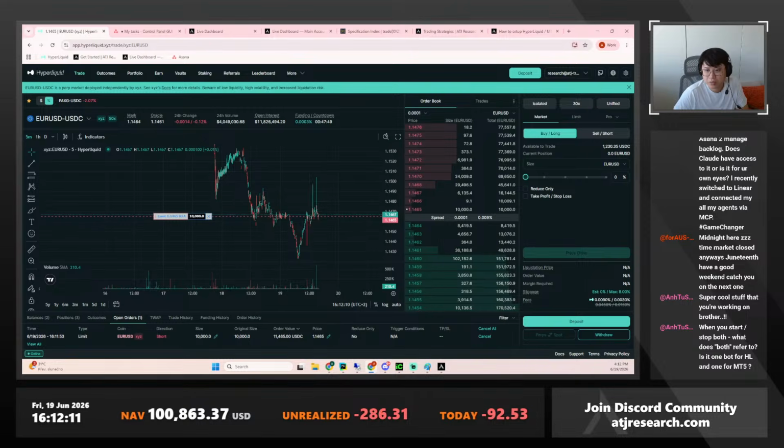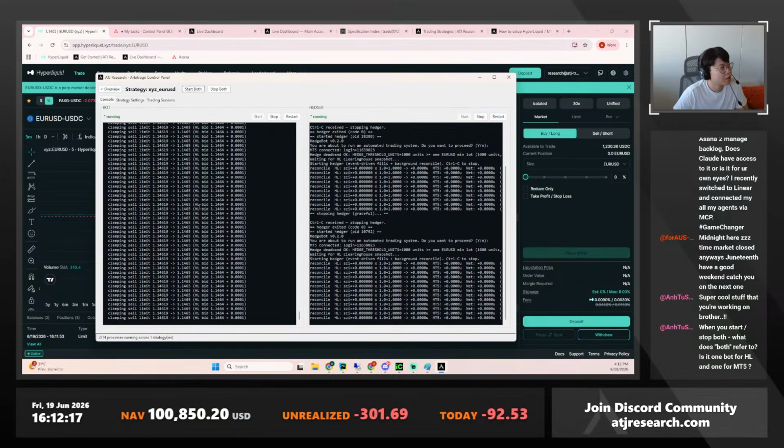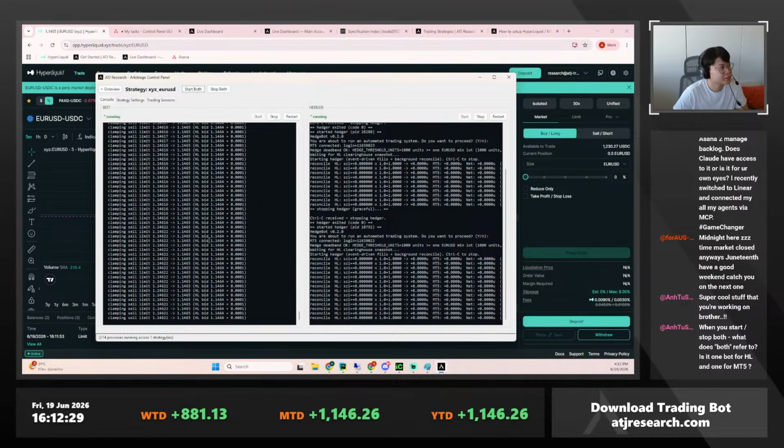When you start stop both, what does both refer to? Is it one bot for Hyperliquid and one for MT5? Yes, correct. On the left side, we have my Hyperliquid bot, and this one is processing the trading signals and placing trades on Hyperliquid. And on the right side, we have the MT5 hedger, which listens to trades or exposure on Hyperliquid.